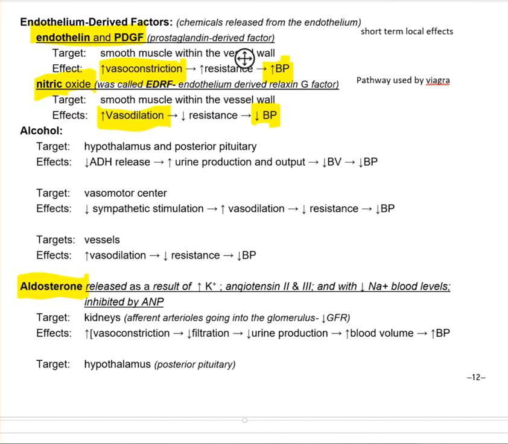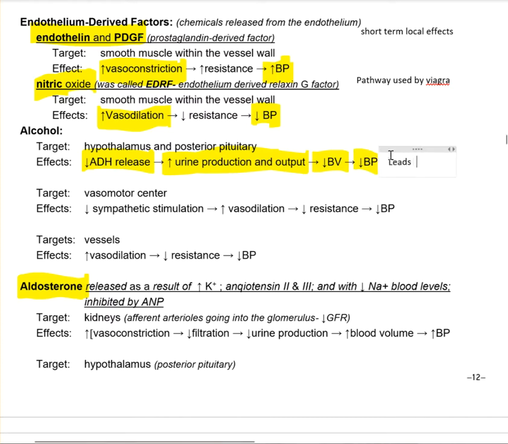Now, alcohol's in here. It is not a hormone, of course, but it can act and change blood pressure. In this case, alcohol increases urine output by causing ADH not to be released as much. That's one thing it does. And this will lower blood volume and lower blood pressure.